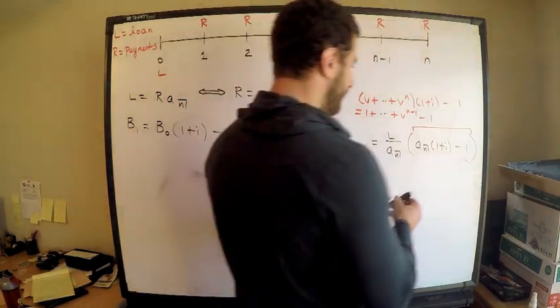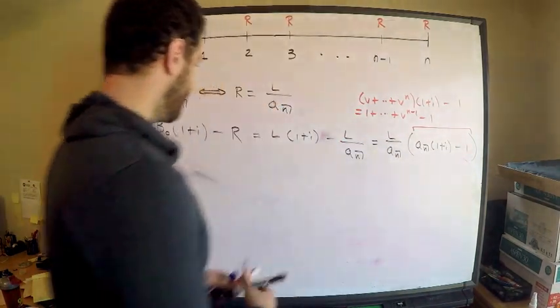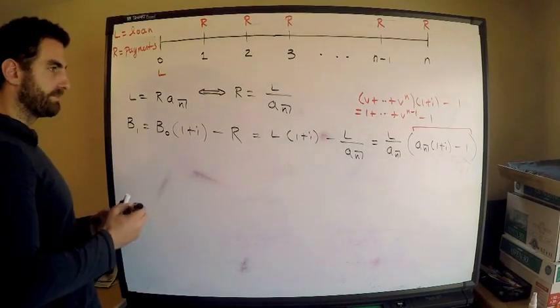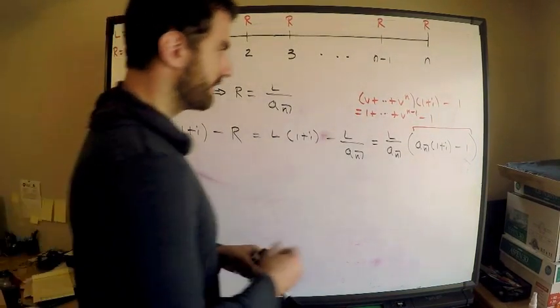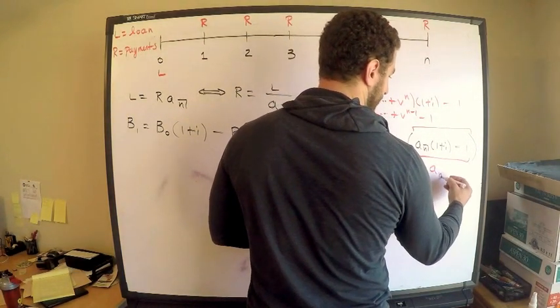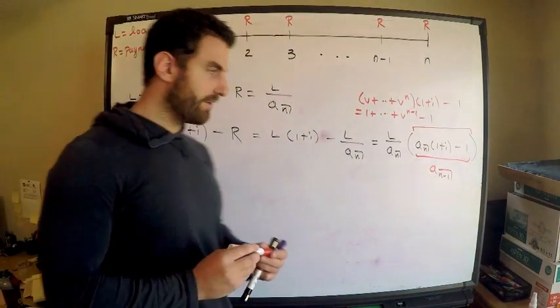That's right. So let's just write that. My conclusion here is that this is exactly a angle n minus 1. Write it out, convince yourself. It's not too hard to see.